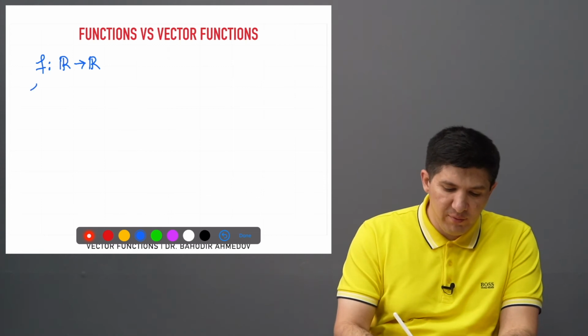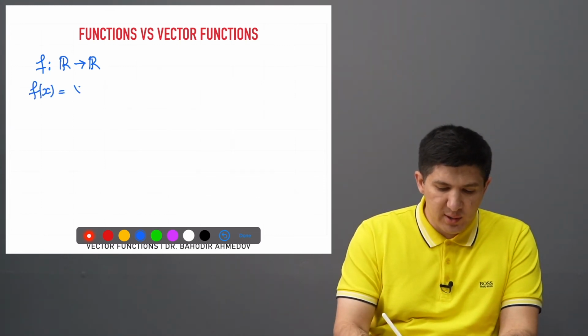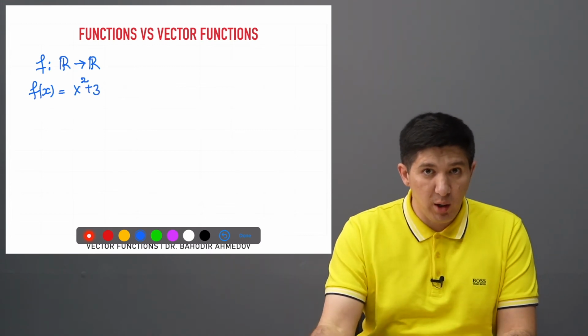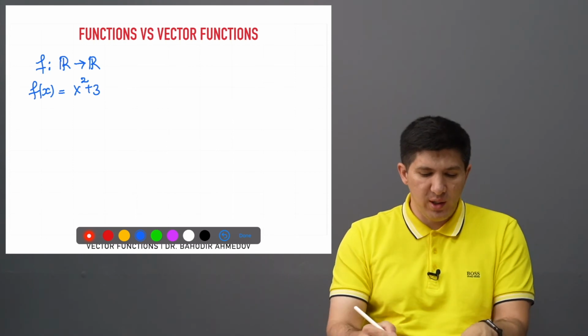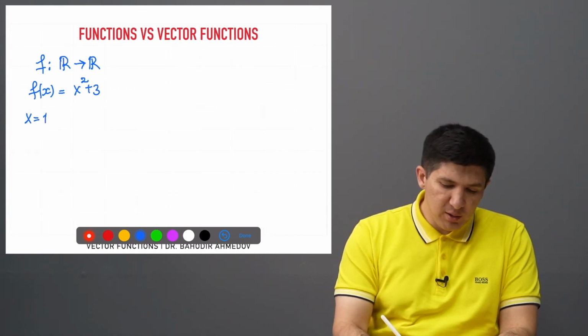So we define f of x equal to x squared plus 3, where you substitute some value, an input, and you get one output. For example, if x is 1 and you substitute it here, you obtain f of 1 equal to 4, right?